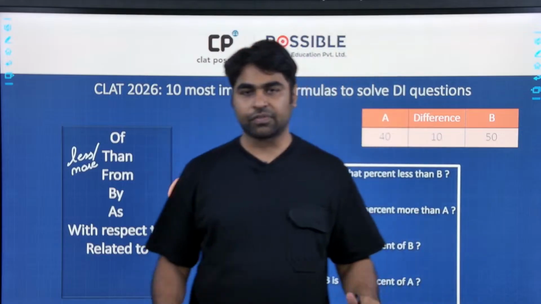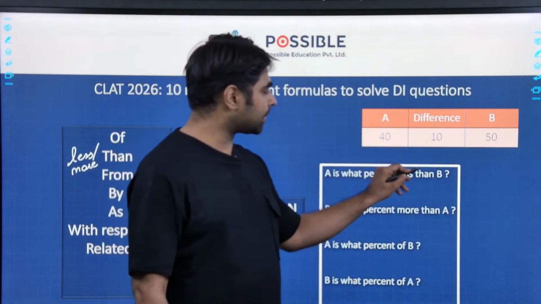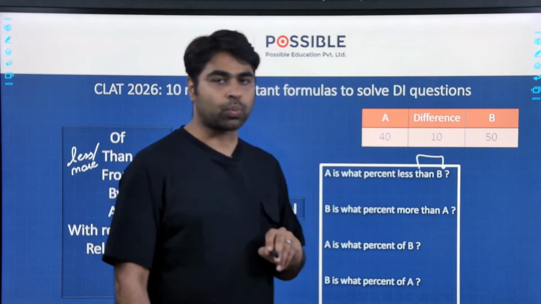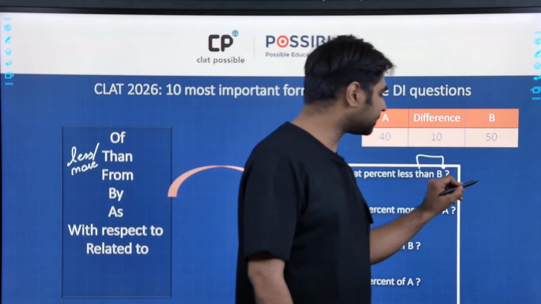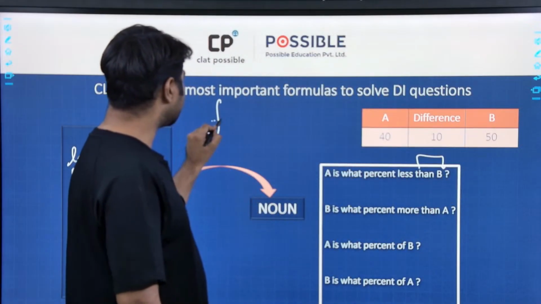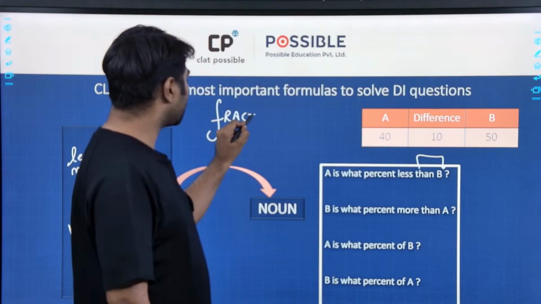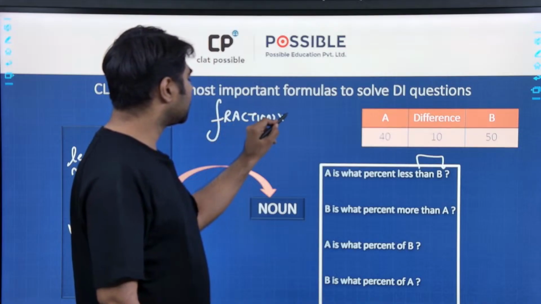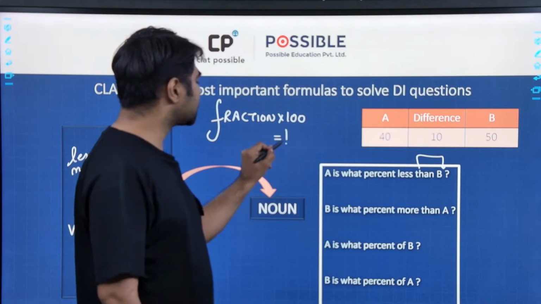But after the word than, the noun that has come is B. So while solving, because we already know that a fraction when multiplied by 100 will be called the percentage.